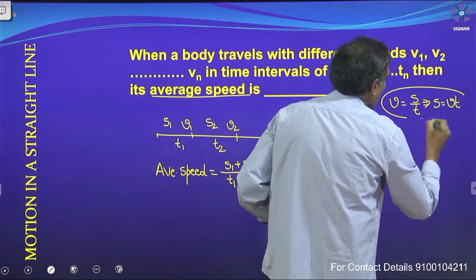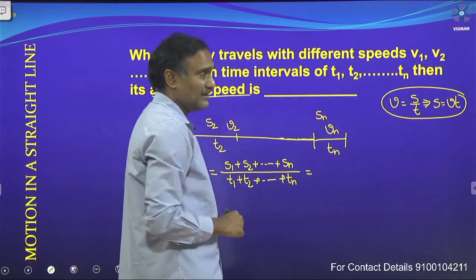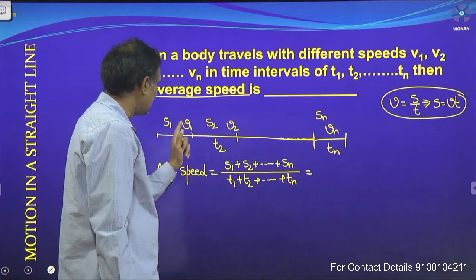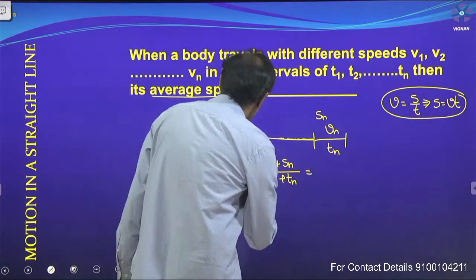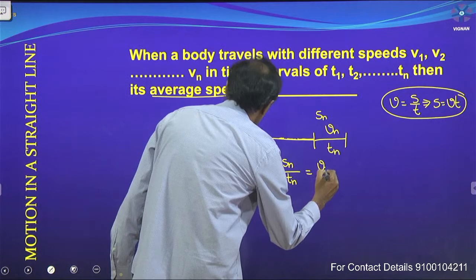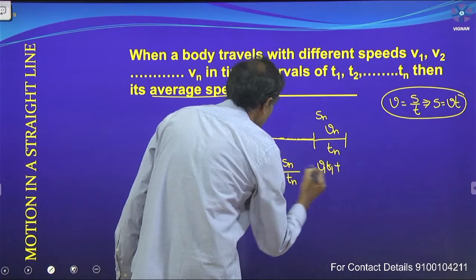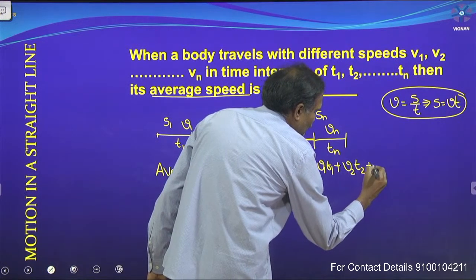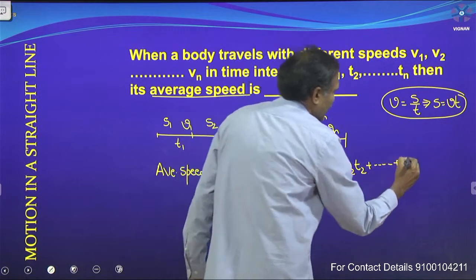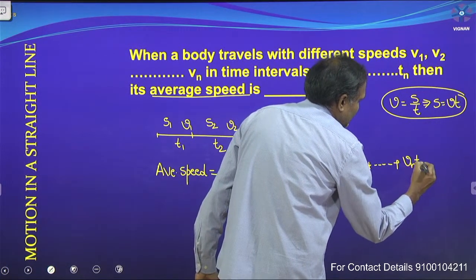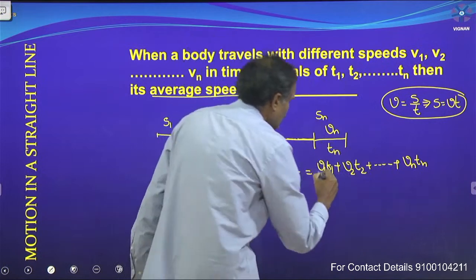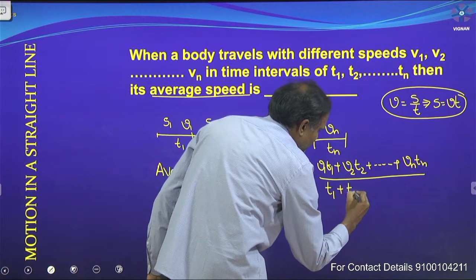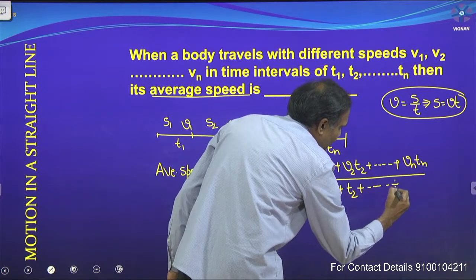That is average velocity into time interval. During the time interval t1, its average velocity is v1. Therefore, instead of s1, it is v1 t1 plus, instead of s2, v2 t2, plus so on, vn tn. sn is nothing but vn into tn, divided by total time interval t1 plus t2 plus so on tn.